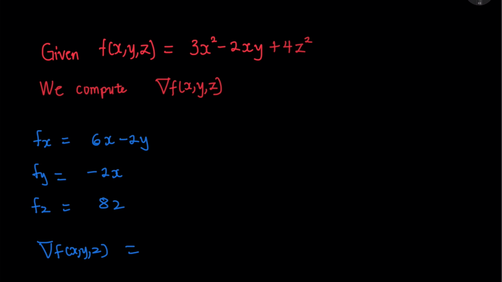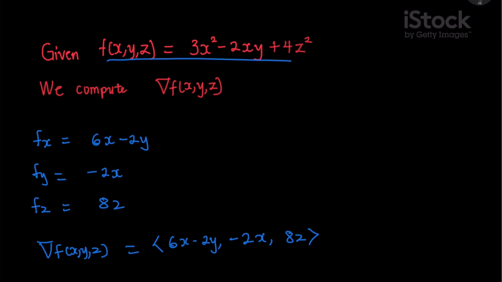So the gradient vector is given as (6x minus 2y, minus 2x, 8z). So this is our gradient vector for the given function.